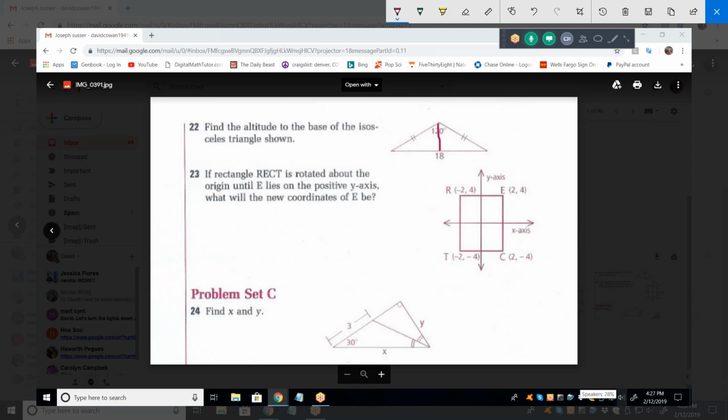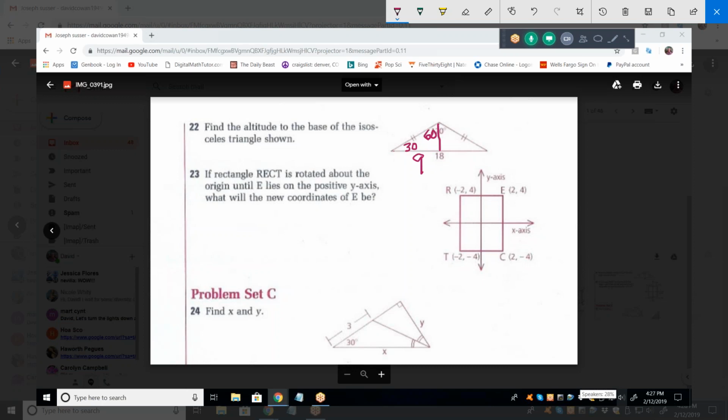That's a right triangle, so 45, 45, 90. Hold on. We're bisecting that 120-degree angle, so that's got to be 60. So this is going to be a 30-60-90 triangle. And this side is 9. So what is the altitude? The altitude would be 3 root 3.